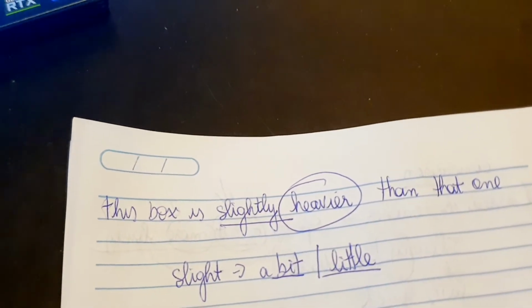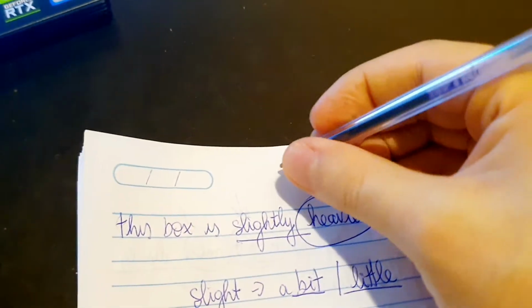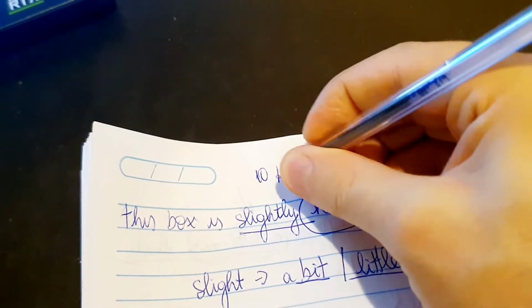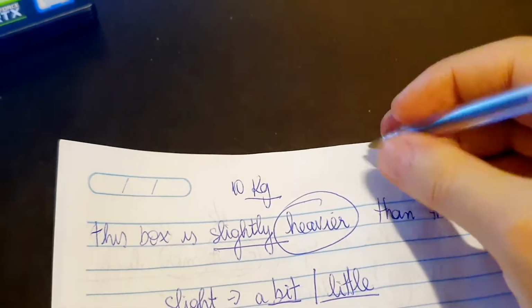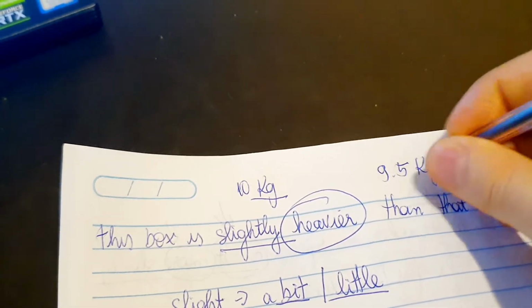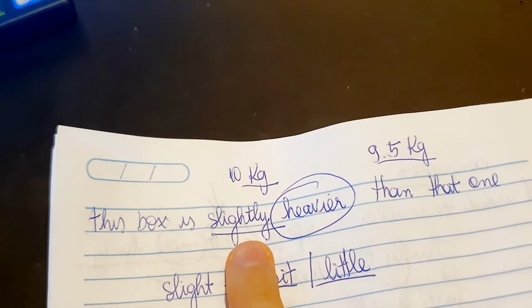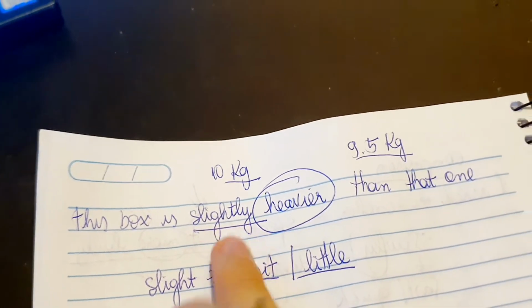It's slightly heavier. It's a little bit heavy, right? If this box, for example, is 10 kilos, 10 kilograms, that one could be 9.5 kilograms. It's slightly heavier, just a small difference. Here I'm saying that it's a small difference.